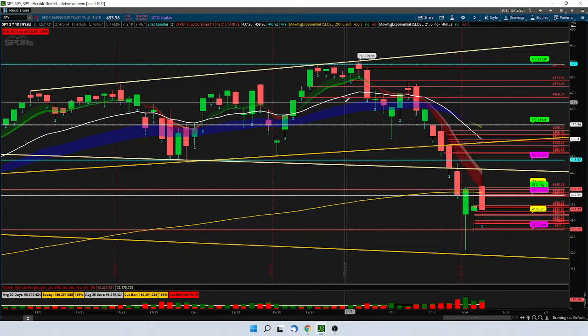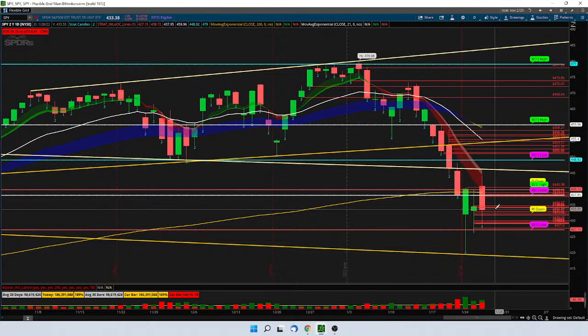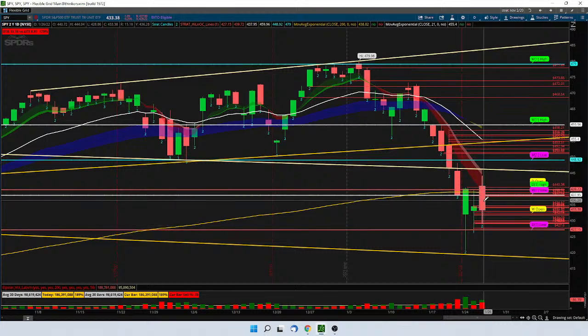Let's look at a 50% scenario now. Let's see if we can find one here. That didn't go above, that didn't go above, that didn't go above. Oh, here we got one right now actually today.